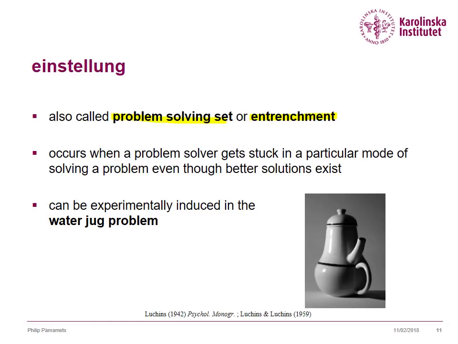Einstellung occurs when a problem solver gets stuck in a particular mode of solving a problem, even though better solutions exist. So the problem solver is solving the problem, but the solution being used is simply not as good as other solutions.